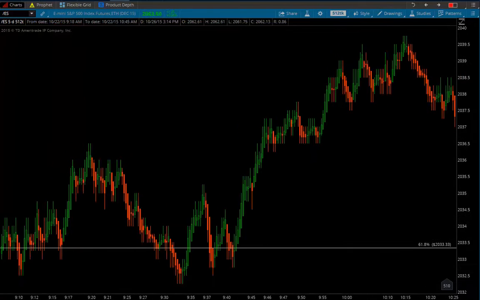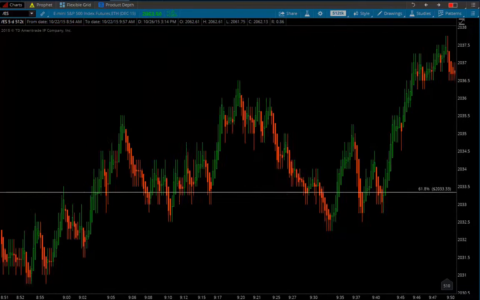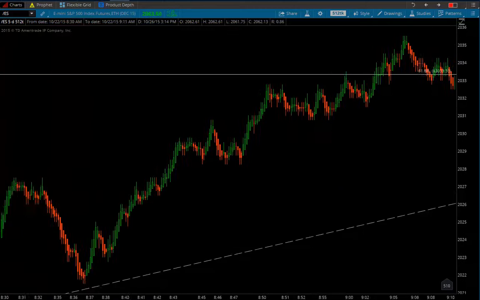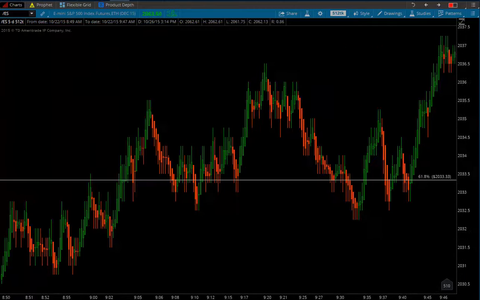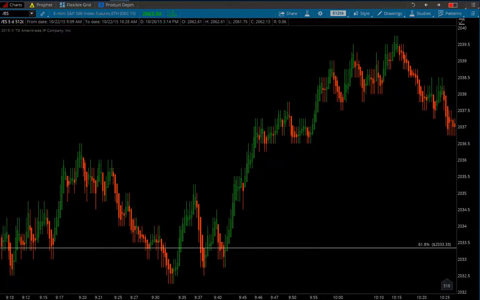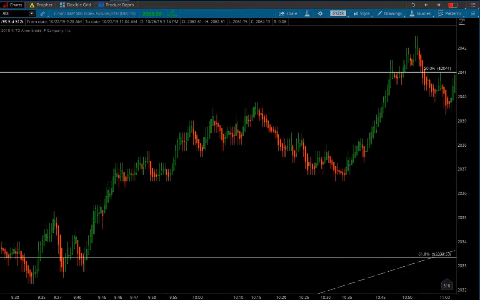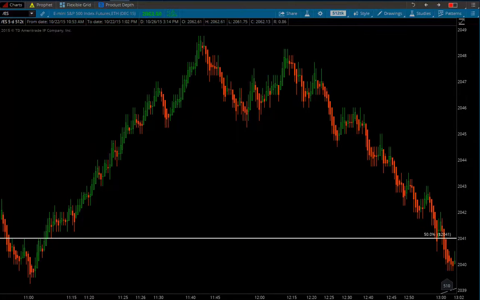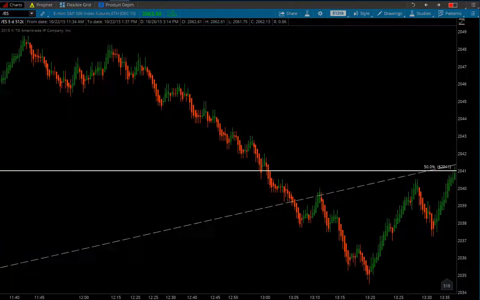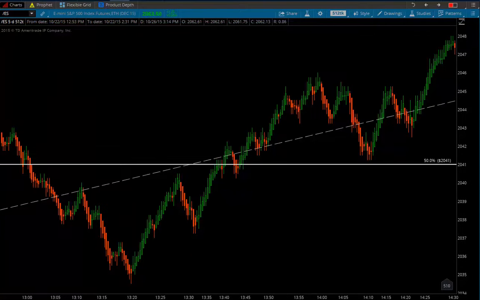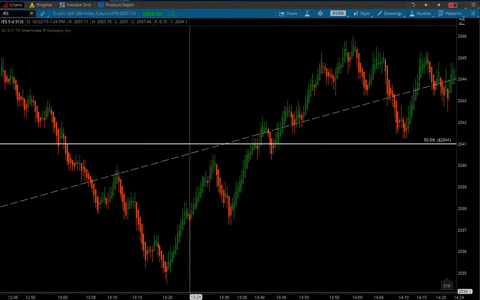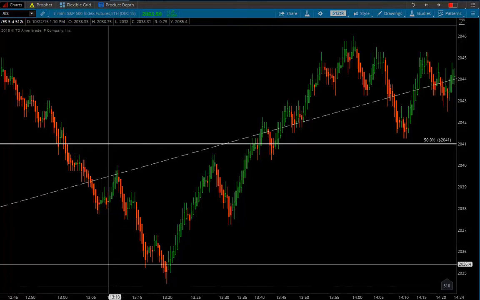Let's see, I thought there were a couple other things I wanted to show. Maybe it was later in the day. Examples of where we didn't necessarily break a swing low. Well, I can't find it at this moment. But another one towards the very end of the day, really clean setup.